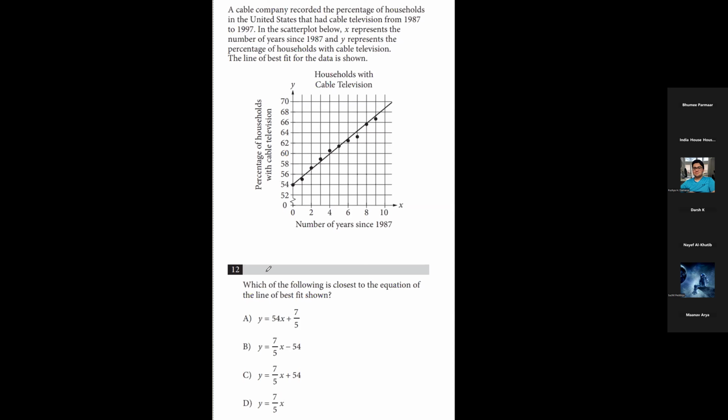And the question asks us which of the following is closest to the equation of the line of best fit shown.